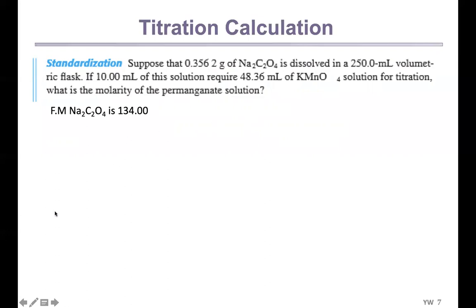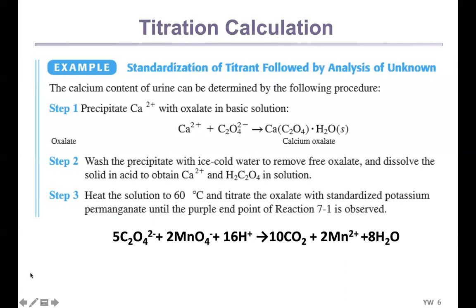Before we're doing the calculation, let's go back and look at the stoichiometric ratio. For oxalate and permanganate, it's 5:2 ratio, okay? So for every 5 mole of oxalate, it reacts with 2 mole of permanganate. Okay, let's remember this number.